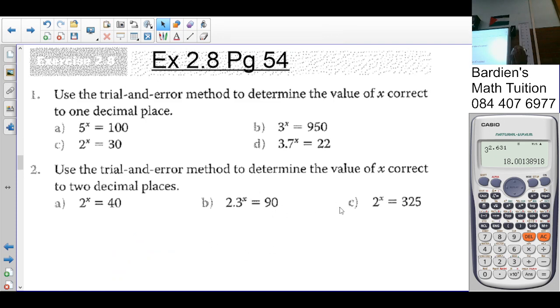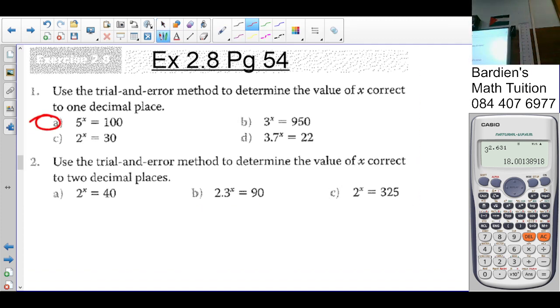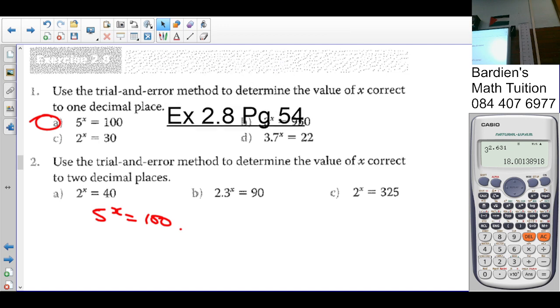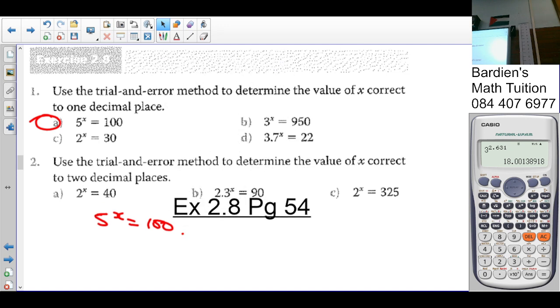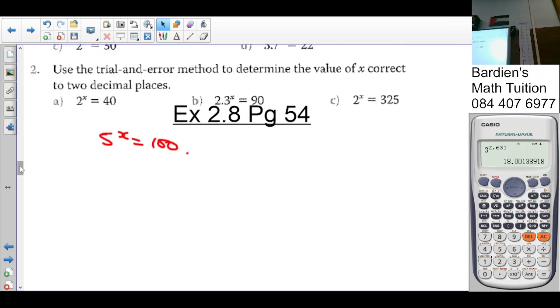Right. We're going to do number 1A. So you've got 5 to the x equal to 100. Let's do this one together. What are you saying about 5 squared? 5 squared is 25. 5 cubed? 125.